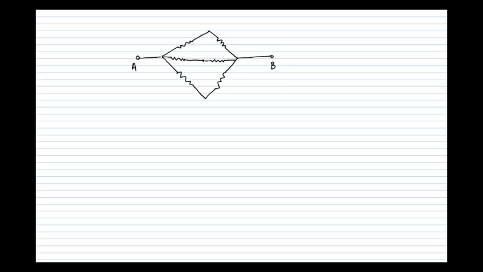And between these two opposite points, the resistance R and the resistance R. So all these resistances are R. Each of these resistances has the value of R.